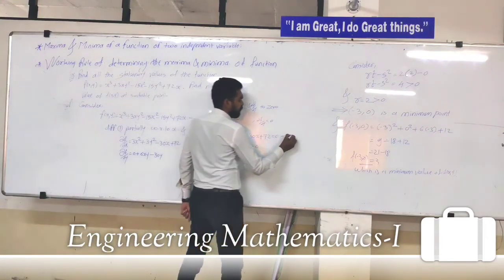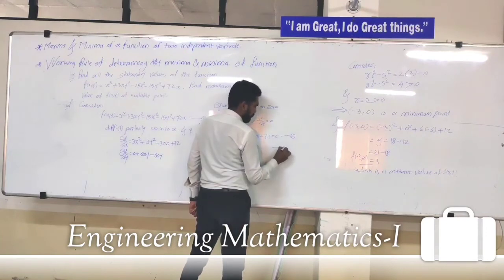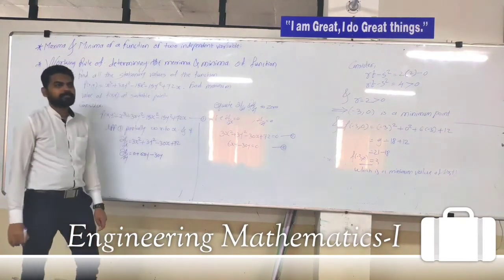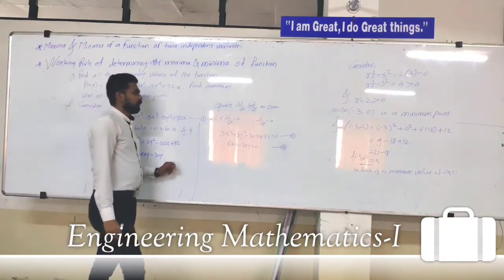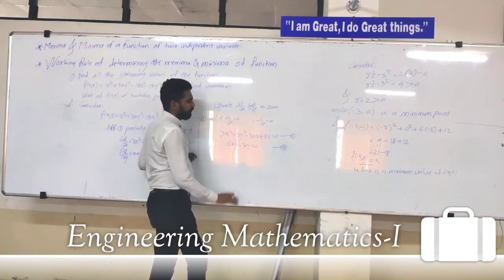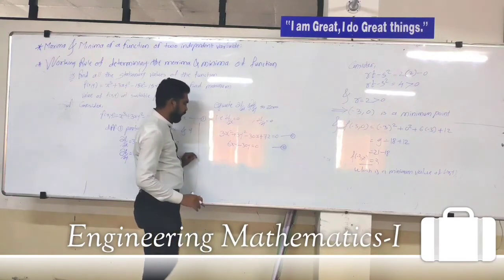Note this one as equation number 1 and this one as equation number 2. Now by solving equation 1 and 2 simultaneously, we find the value of x and y.